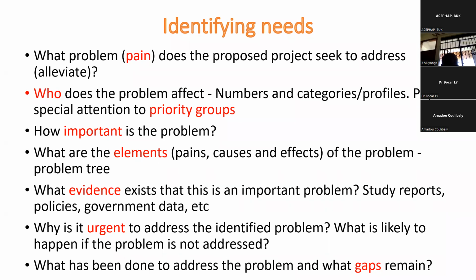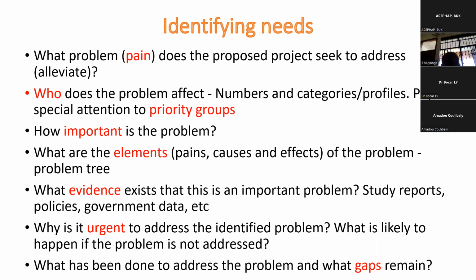Then who does the problem affect? You've got the pain, but who is actually affected? That needs to be defined. And in doing this, it's important to pay attention to priority groups. If there are groups that are identified as maybe disadvantaged, they are very good targets for projects.